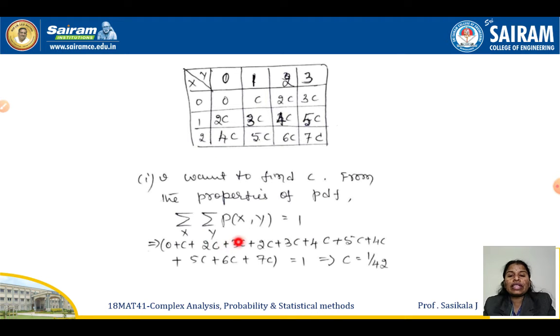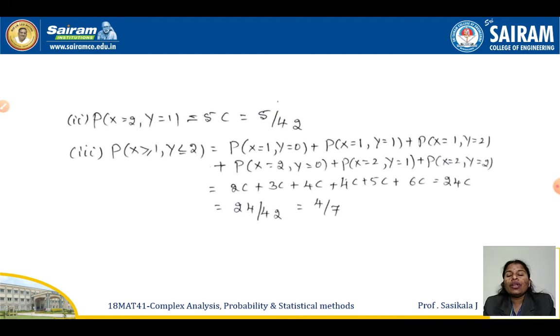Using that condition, add all the values: 0 plus c plus 2c plus and so on up to 7c, which should be equal to 1. Using that, I am having 42c, so the c value will be 1 by 42. Now you have to go with the other question: P of x equal to 2, y equal to 1.